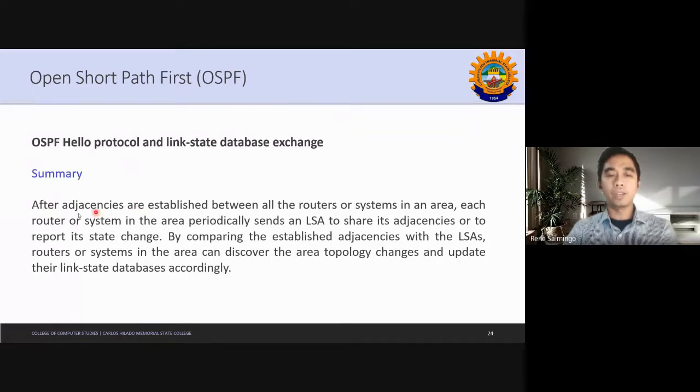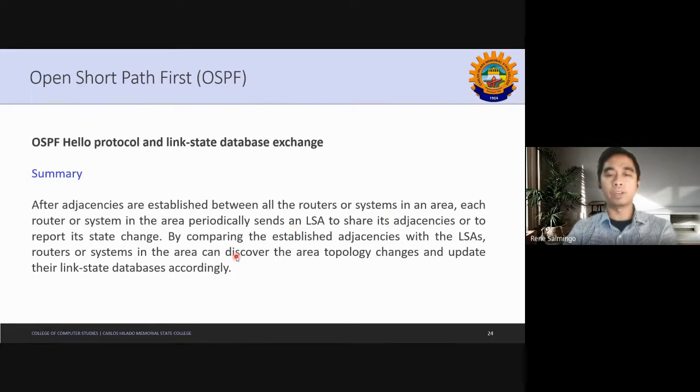So after the adjacencies are established between all the routers or systems in an area, each router or system in the area periodically sends a link state address to share its adjacencies or to report its state change.